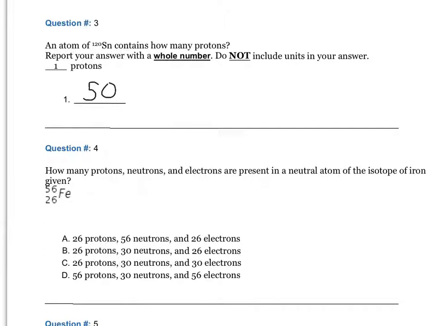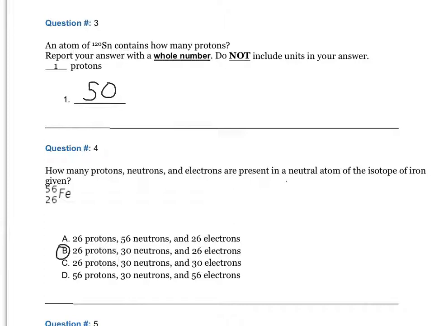Question number 4. How many protons, neutrons, and electrons are present in a neutral atom of the isotope of iron given below? The answer is B. 26 protons, 30 neutrons, and 26 electrons.